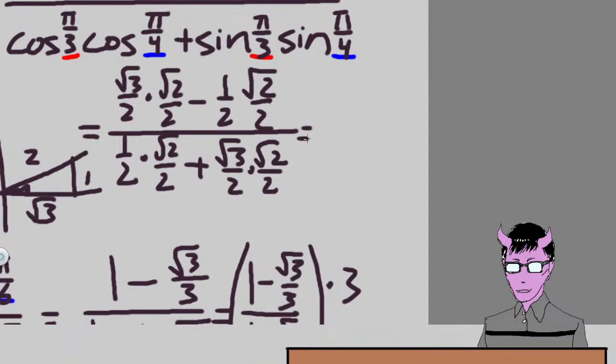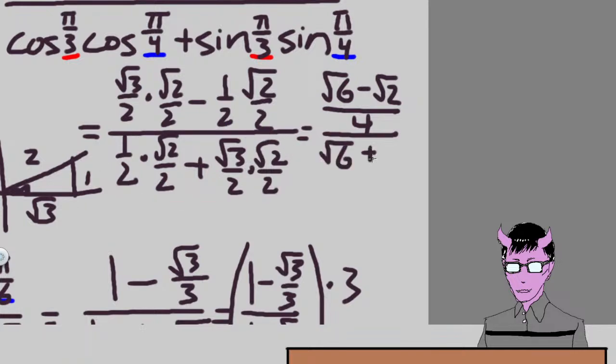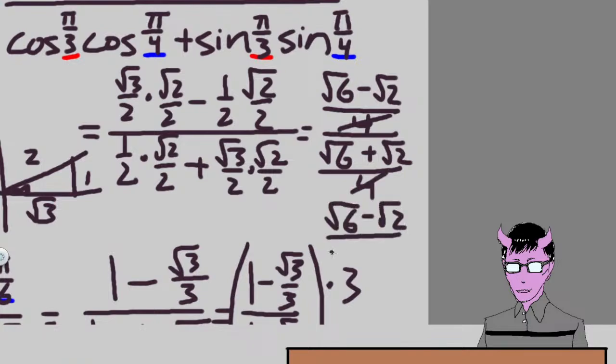Alright, so that is going to be equal to root 6 minus root 2 all over common denominator of 4, and the bottom one's going to be something very similar. It's going to be root 6 plus root 2 all over 4. Since the 4 is in a fraction and this 4 is in a fraction, we can just cancel, thereby getting root 6 minus root 2 over root 6 plus root 2.